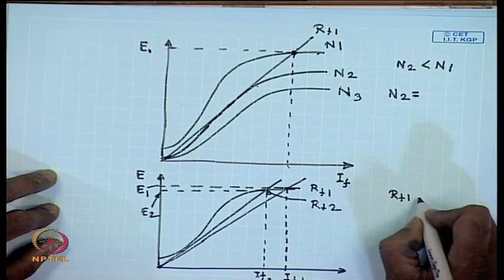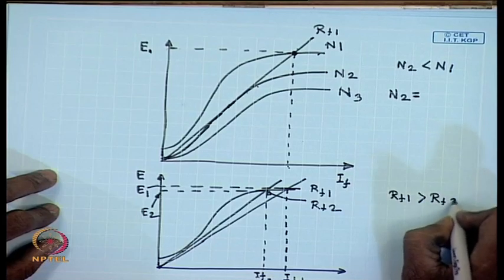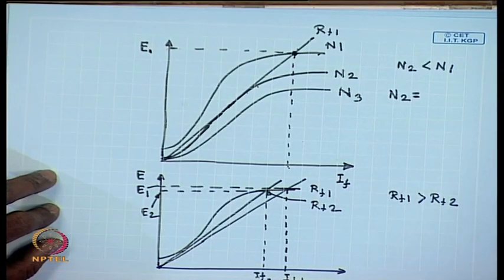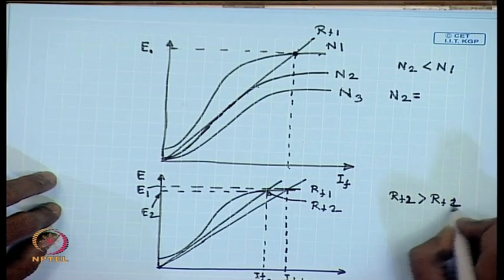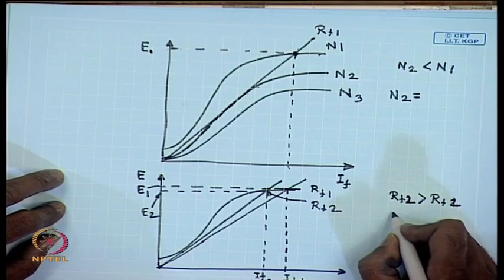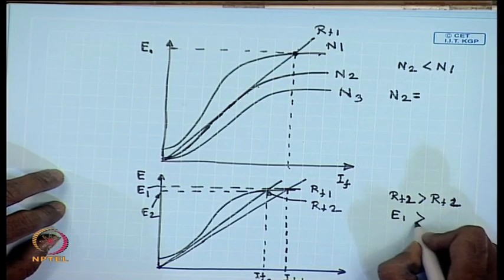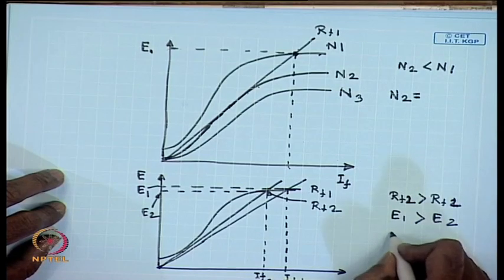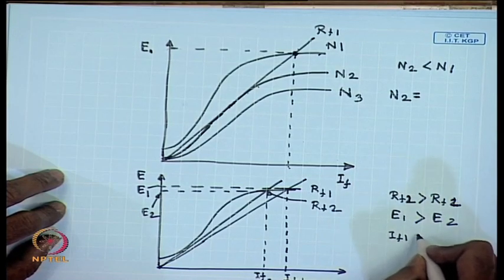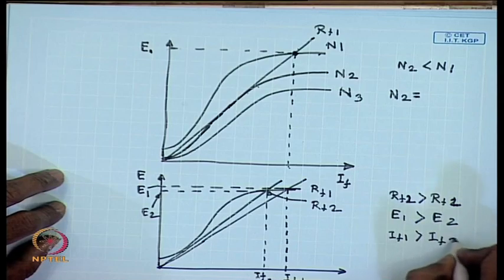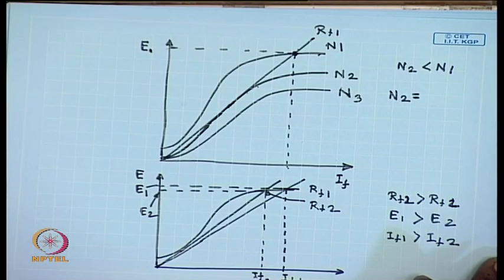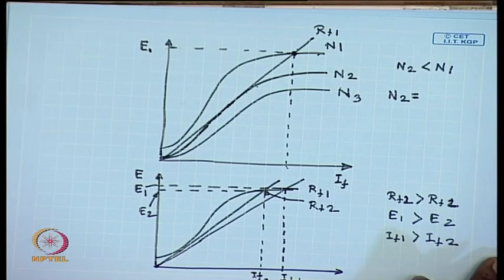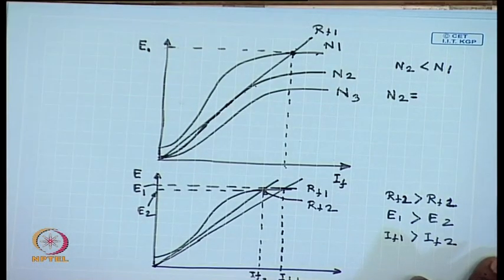If RF2 is larger than RF1, then E1 is larger than E2 and IF1 is larger than IF2. Therefore, the no load terminal voltage of a shunt generator at any operating speed can be adjusted by adjusting the field circuit resistance.